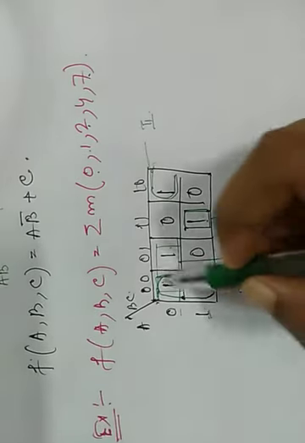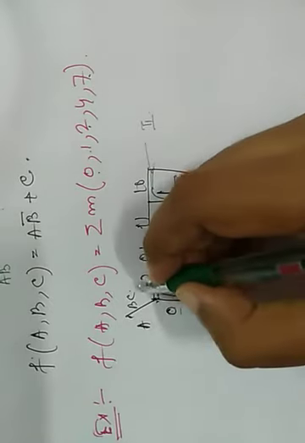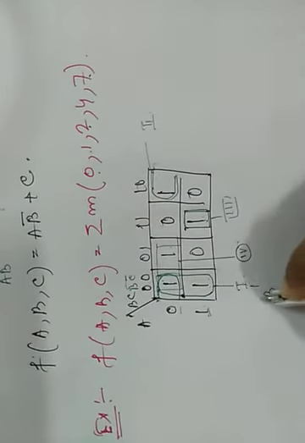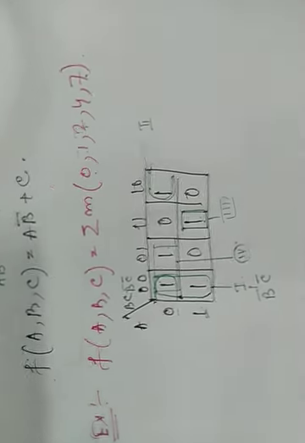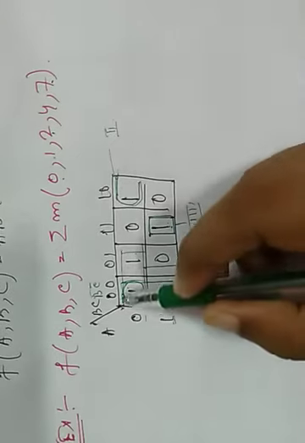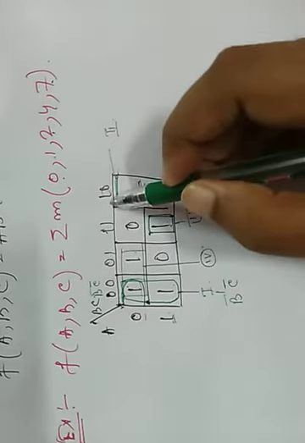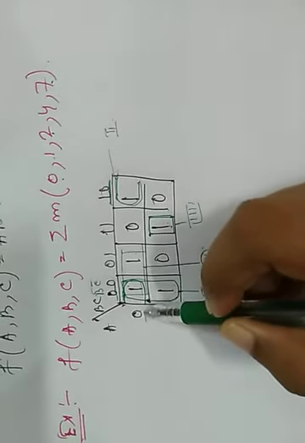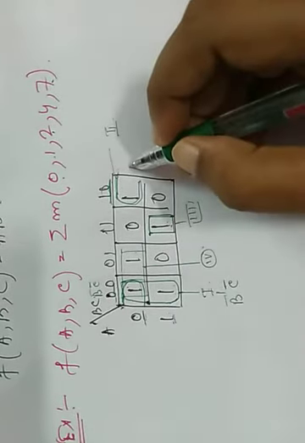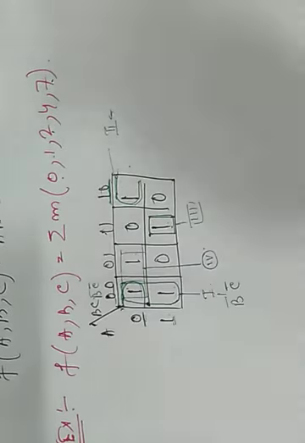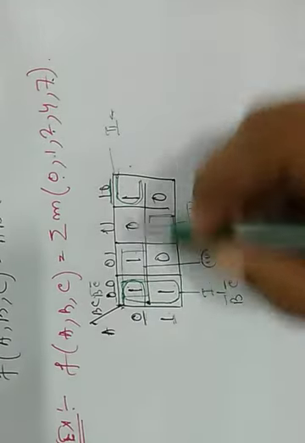So for vertical value, only one vertical value, so it is B bar C bar. So for 1 it is B bar C bar. Clear? For 2, this is in a row, we have to consider this value and this value, and for a single value, that is A.